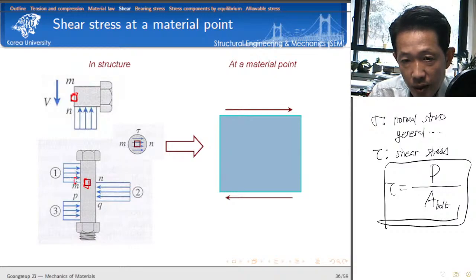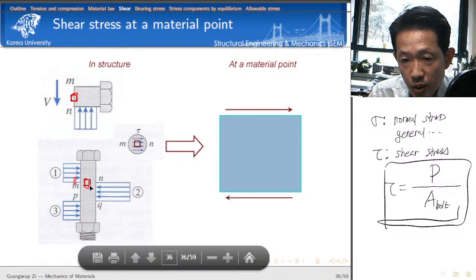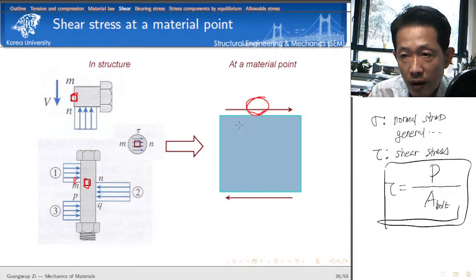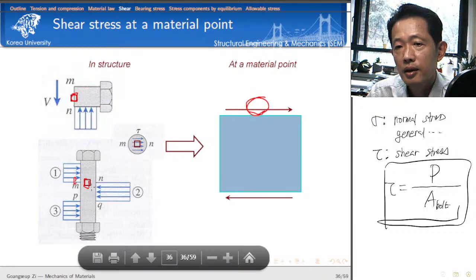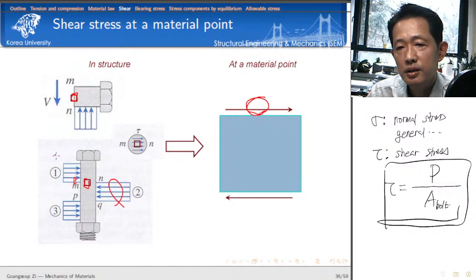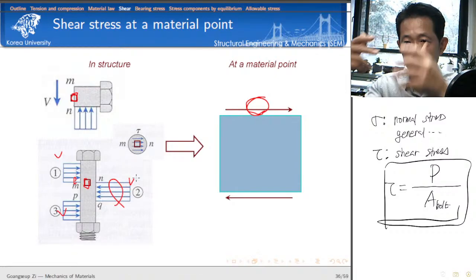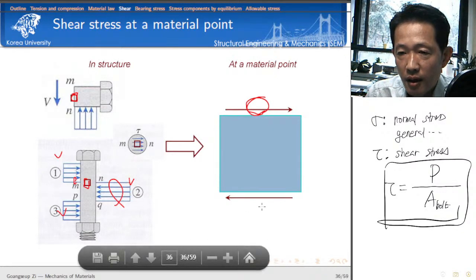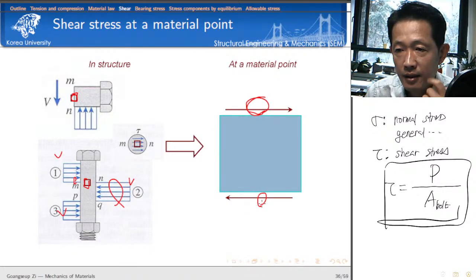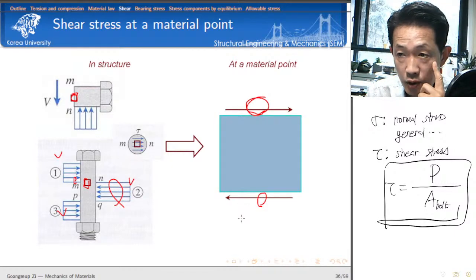Because we have the load in the horizontal direction, if you look at the material point, we must have some kind of traction on top of this material point. And look at the bottom surface. Because of this load here, these form force equilibrium. And then we have another force in the left-hand direction to form the force equilibrium.